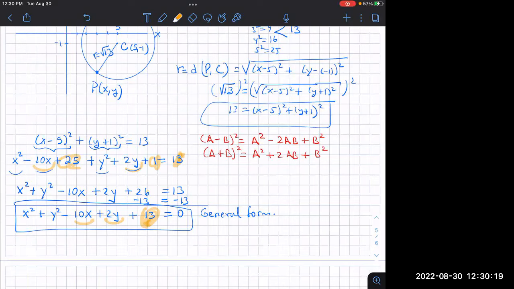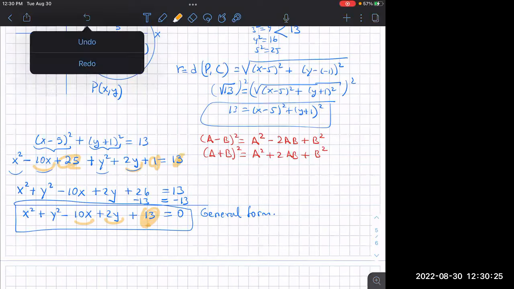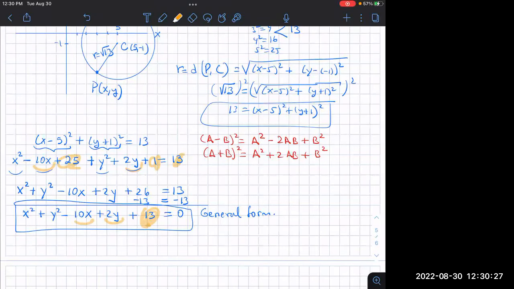So in order to backtrack, you want to keep track of the 10x and the 2y. It's not redoing it. The 10x has the key for the 5, and the 2y has the key for the 1.